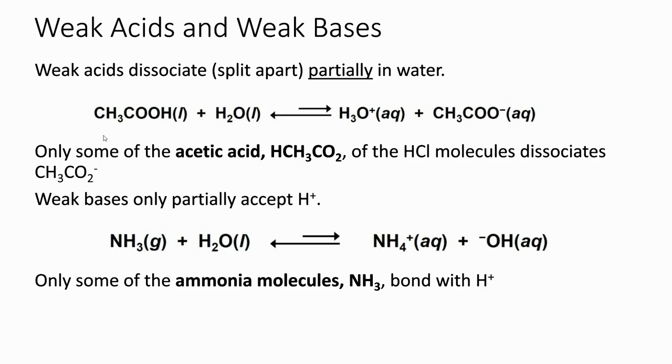Does that make sense? Because it's a weak acid, they're not all breaking apart. It's not as strong as the other ones. Or if we have a base, the base only partially accepts hydrogen. So only some of these will accept a hydrogen from the water. Does that make sense? Let's do this problem.